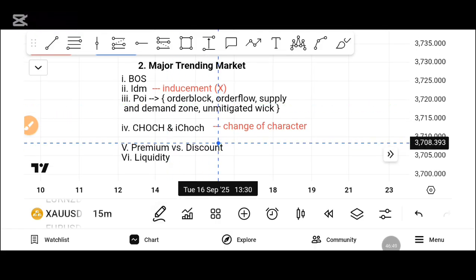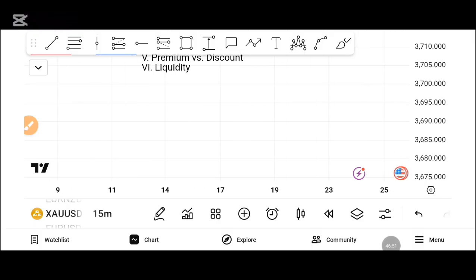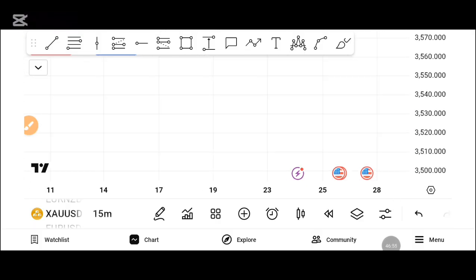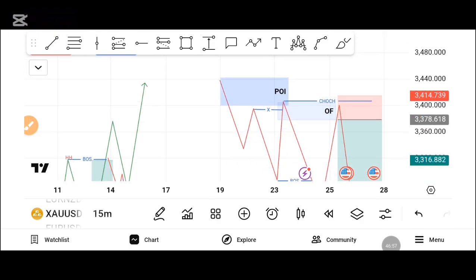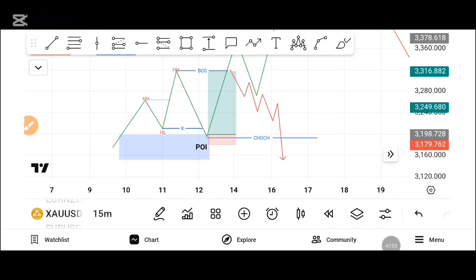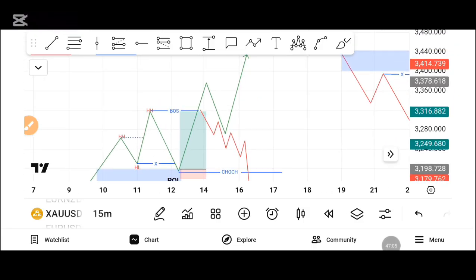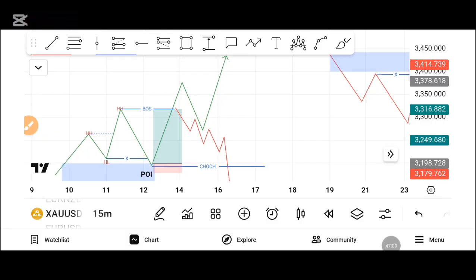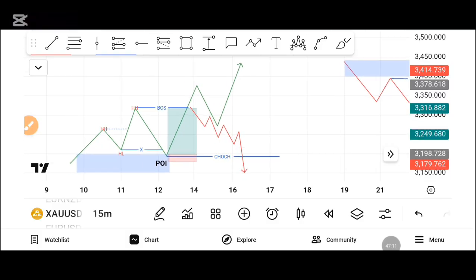In premium versus discount, what we want to see is just like two ranges, premium versus discount. What we mean is that you can plot out your fib retracement.